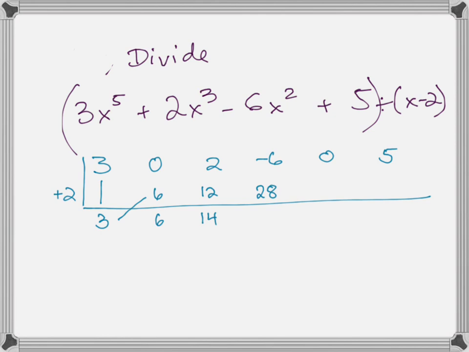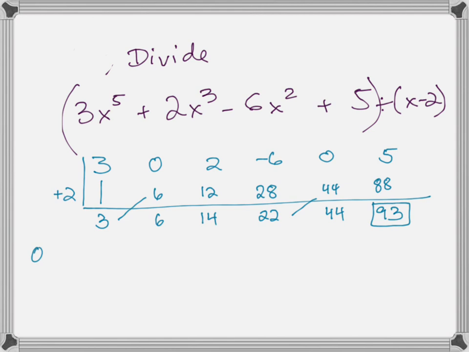Minus 6 is 22. Please use a calculator. 44 plus 0 is 44. 44 times 2 is 88. Plus 5 is 93, and that is your remainder.